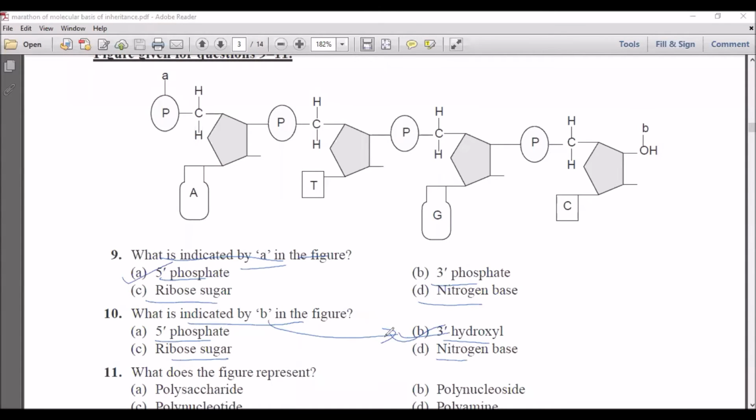Now the next question is, what does the figure represent? Polysaccharide, polynucleotide, or polyamine. We know that this figure represents the polynucleotide. So C is the correct answer.